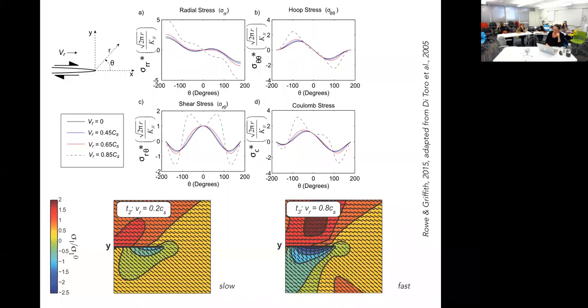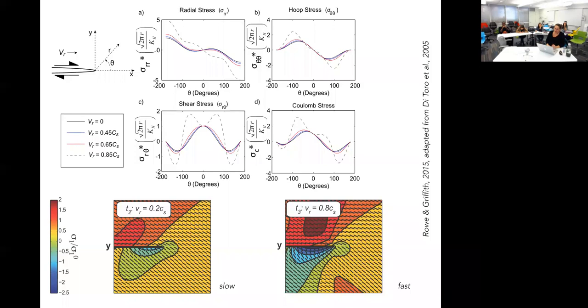So the other little subtle pattern that you see here is if you look at the left-hand plot where it's only 20% of shear wave speed, the little black bars in the light blue area where the tensile stress is are at an angle to the fault of about maybe 70 degrees. And then if you look at the other plot where you have very dark blue, so much higher tensile stresses, those little black bars have rotated so they're closer to perpendicular to the fault, over 80 degrees or maybe 90 degrees to the fault.